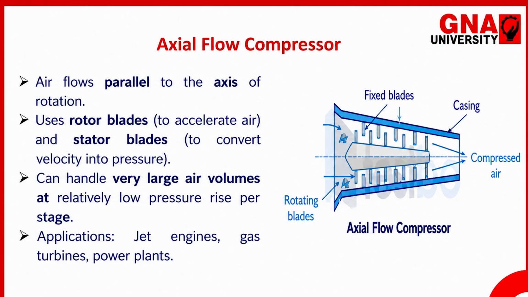So it can handle very high volumes. High volumes of air can be handled at relatively low pressure rises per stage. Okay, so these are the stages. One rotor and one stator make a stage. Next, one rotor and one stator make another stage. The applications of axial flow compressors are jet engines, gas turbines, and power plants.